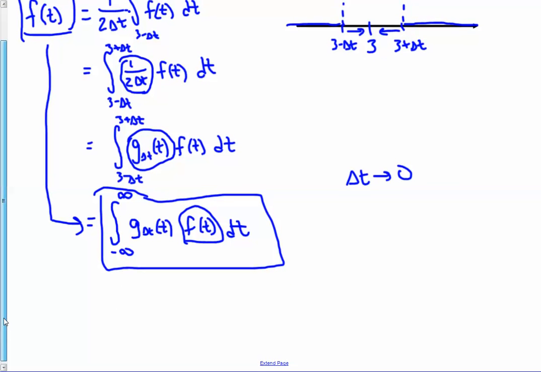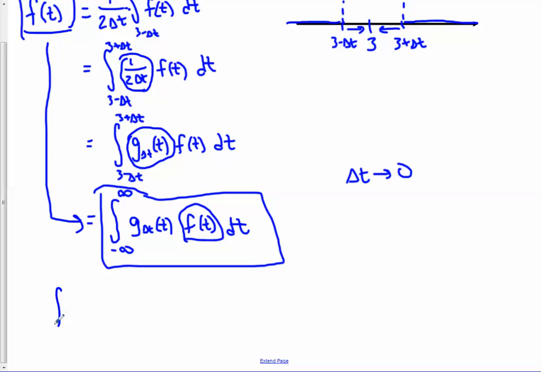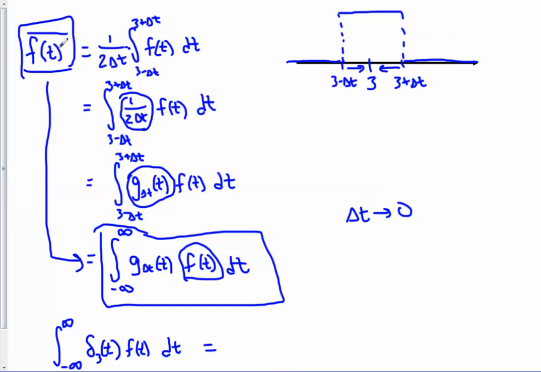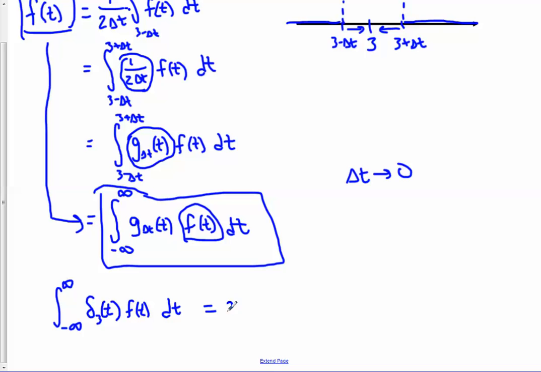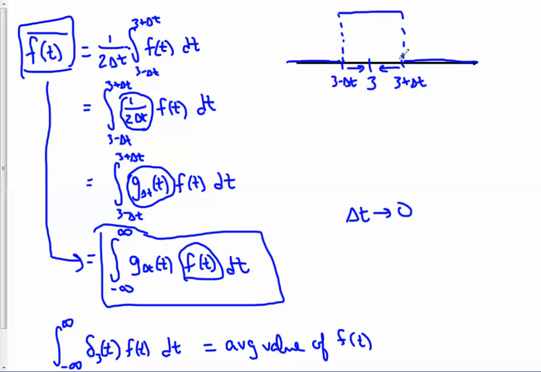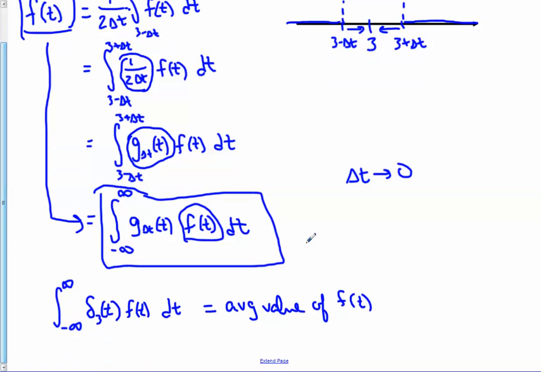Therefore, if I replace g delta t with the little delta function at 3, what I should get is the average value of f of t, on the interval from 3 minus delta t to 3 plus delta t.